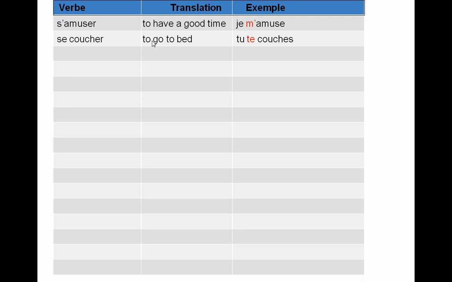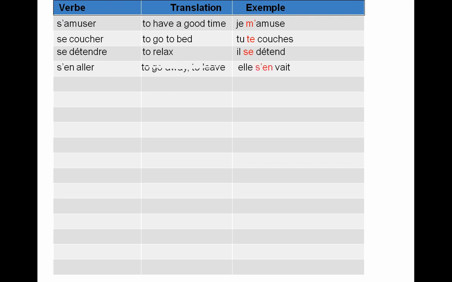Sorry, I gave you just now the second example. Se coucher, to go to bed, and then I pick tu, so tu te couches, which means you go to bed. Okay? Se détendre, to relax. Il se détend. S'en aller, to go away, to leave. Elle s'en va. Okay?